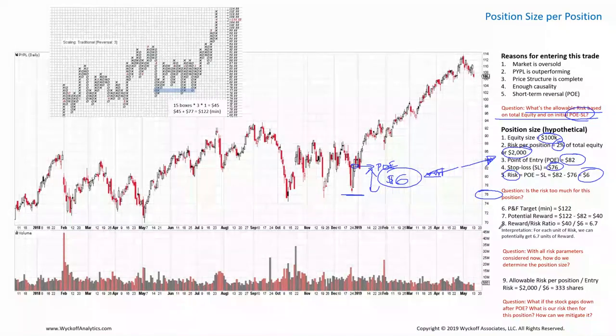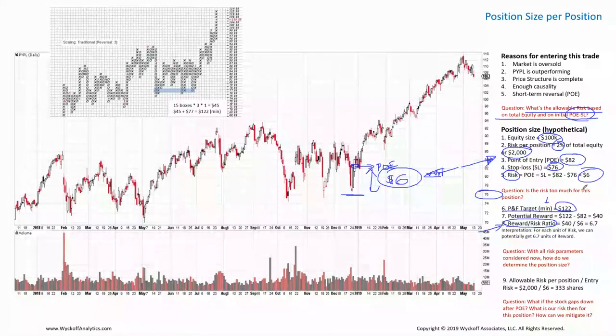So now we could go to the next point and we could say, okay, well, could we define the reward to risk ratio and then calculate the number of shares allowable for this position? All right, for the reward to risk ratio, we need to understand what the reward is, and our PNF target was at $122 as a minimum count. Oh, by the way, did it reach it? I wonder.